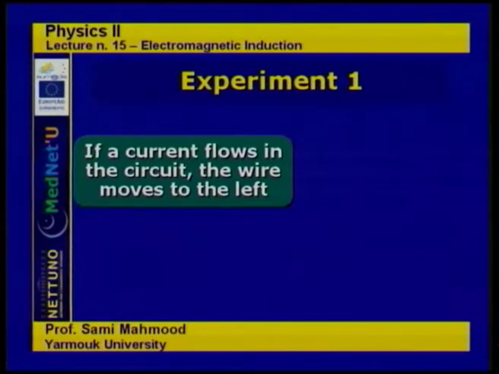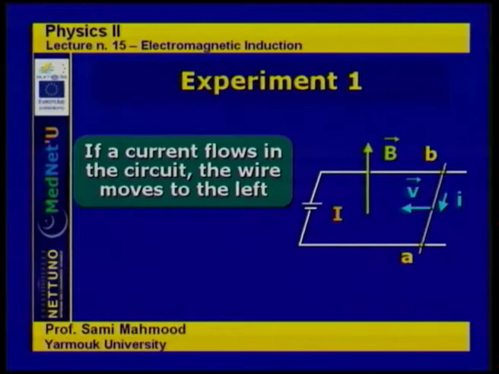If a current flows in the circuit, the wire moves to the left. This is just reversing the situation, or looking at the problem from another way, just considering the forces of interaction between a wire or charges and the magnetic field.